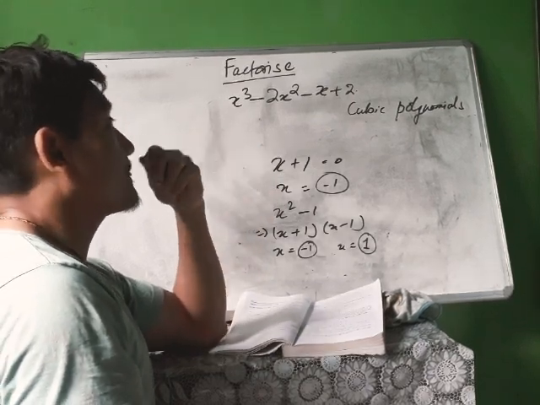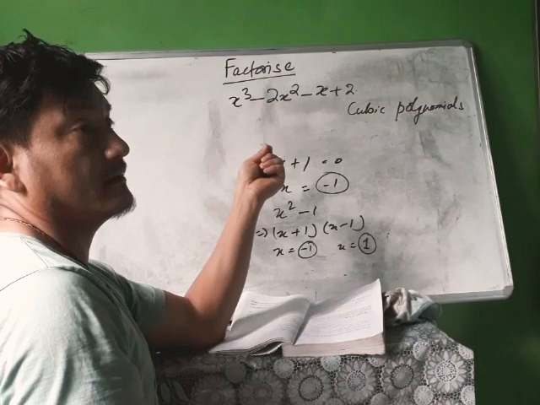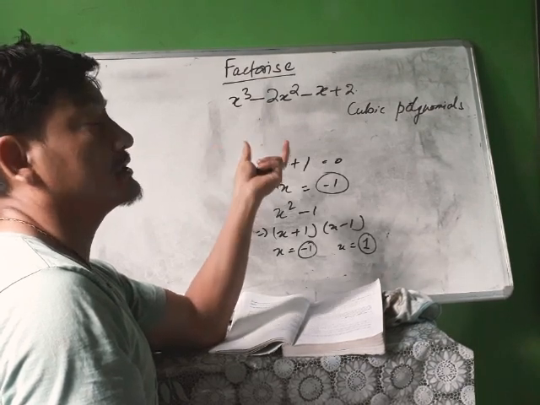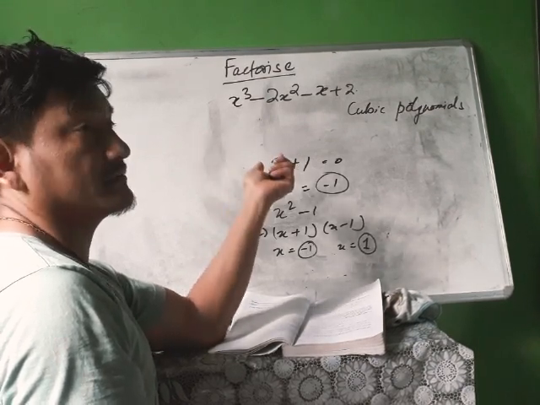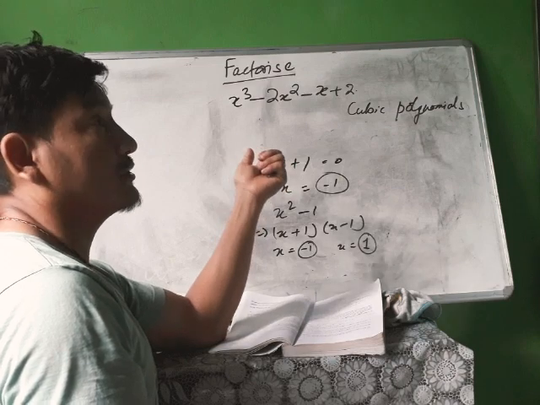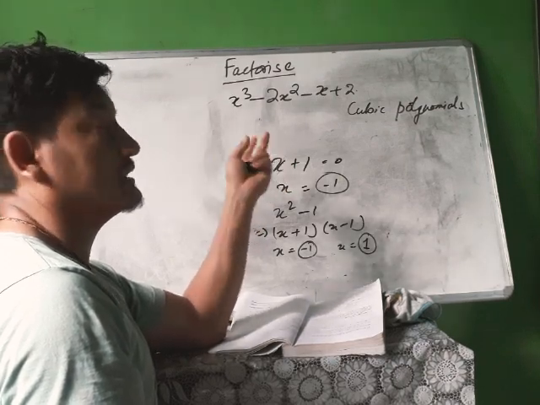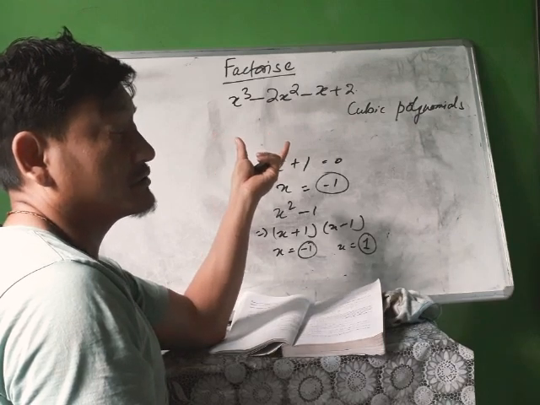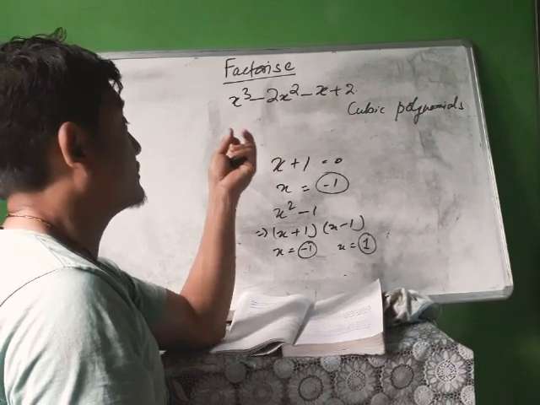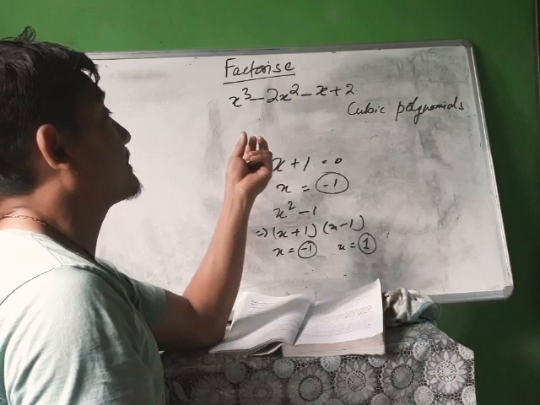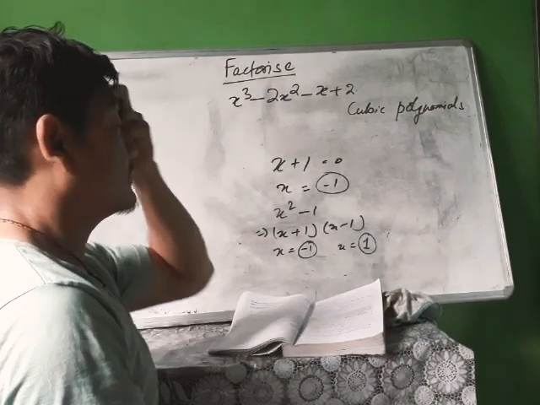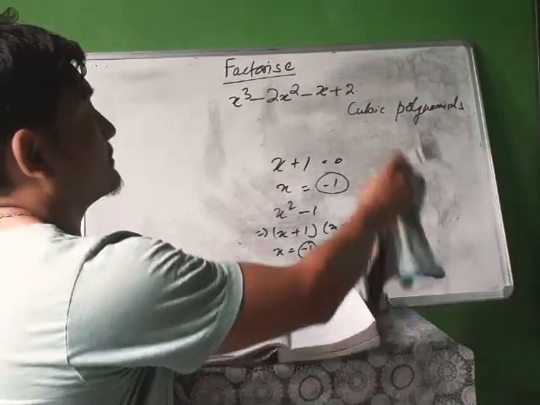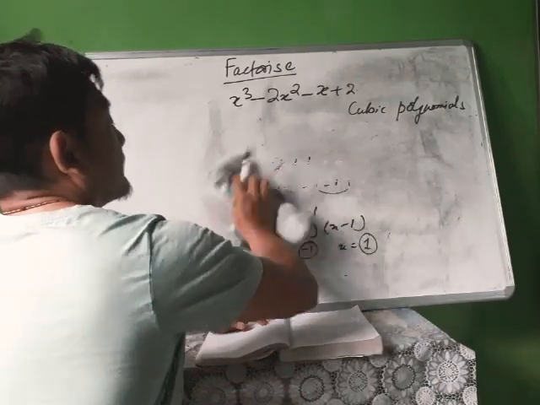To get those values of x, first of all you need to find the factors of the given polynomial. I have already told you that there are 3 factors that you are going to find for the given cubic polynomial. So this is the problem for a cubic polynomial.